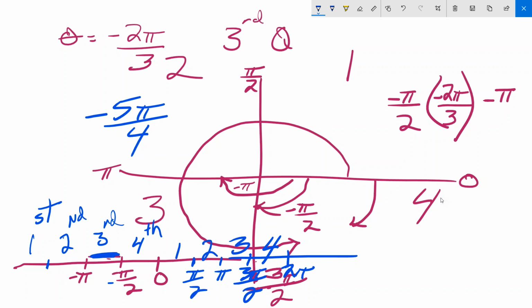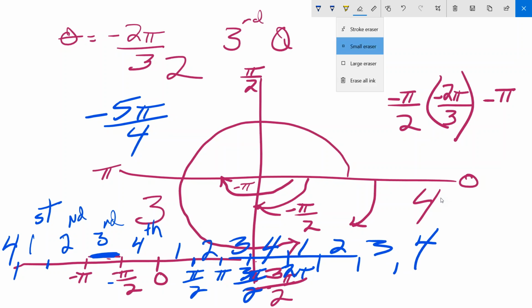It goes 1, 2, 3, 4 from left to right, and going backwards to the left, it's 4, 3, 2, 1. Hopefully that gives you a little bit of help in doing these.